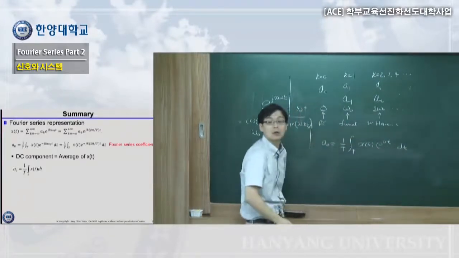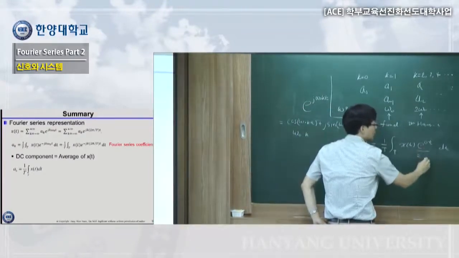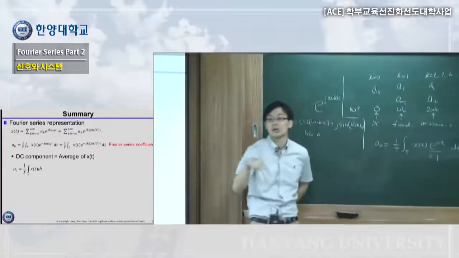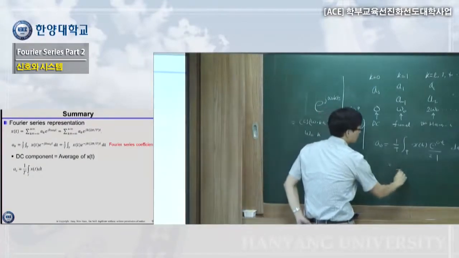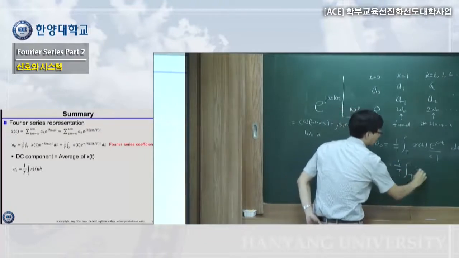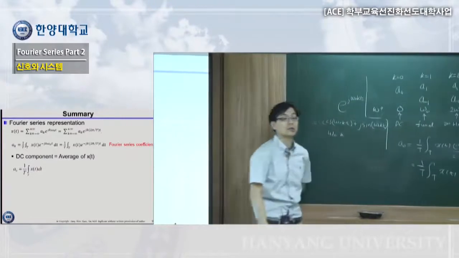Because k equals 0, the exponential of 0 will be 1. So based on this fact, we know that it looks like this, and there will be the DC component.